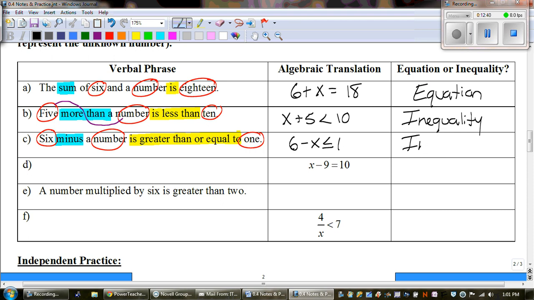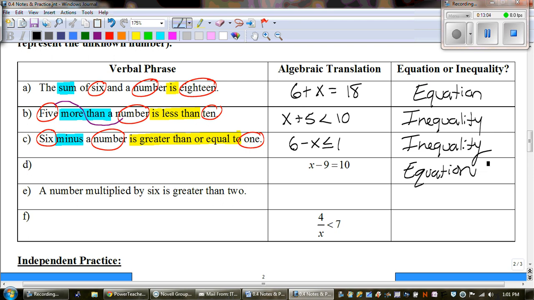And that is an inequality. Ooh, D, you get to write it out yourself. First off, is it an inequality or an equation? You should see the symbol right there. It's an equation.